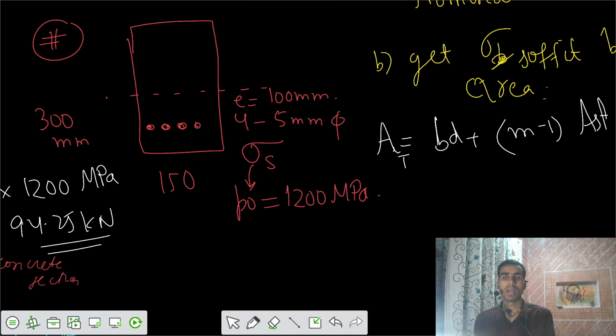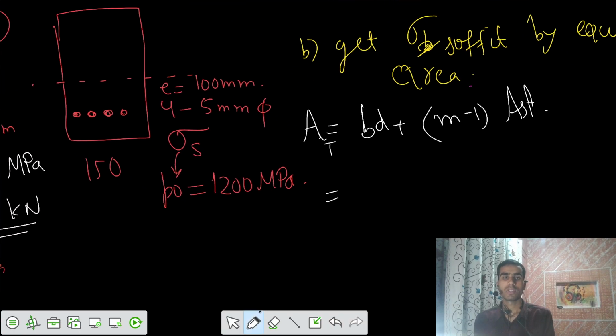So I have to substitute those values. This is your B into D, which was 0.15 into 0.3 meters square, then plus m. The value of m, the modular ratio, is given to you. Let's take the modular ratio as 6.